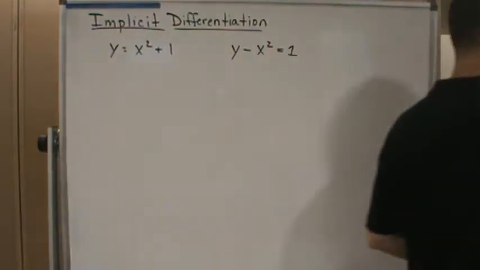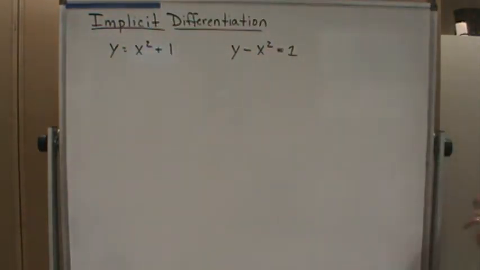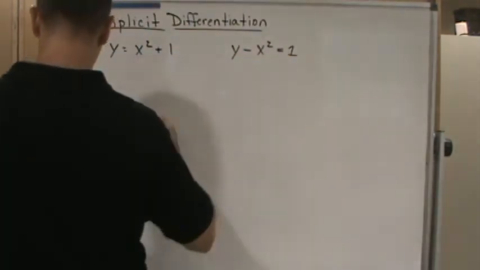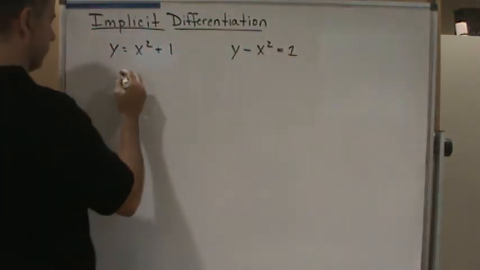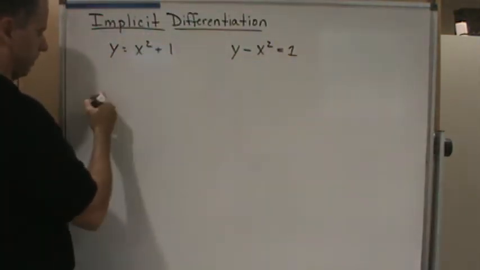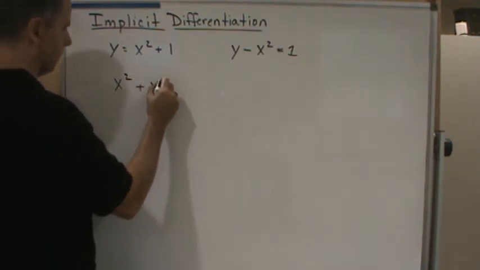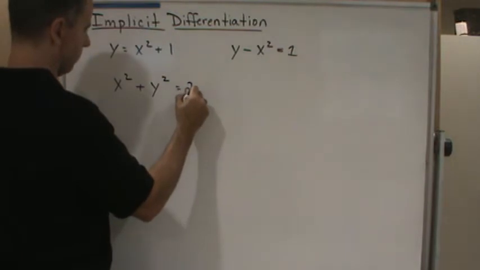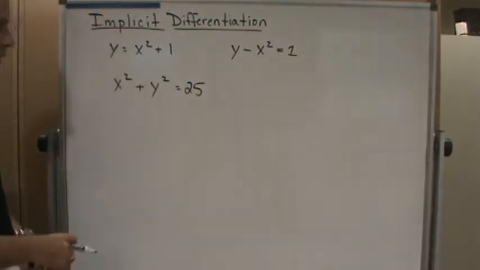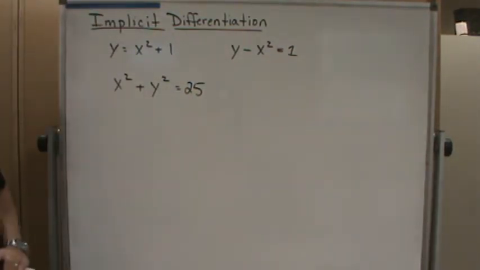if we use this equation, this is an implicit function, right? You could define many different functions from this one.